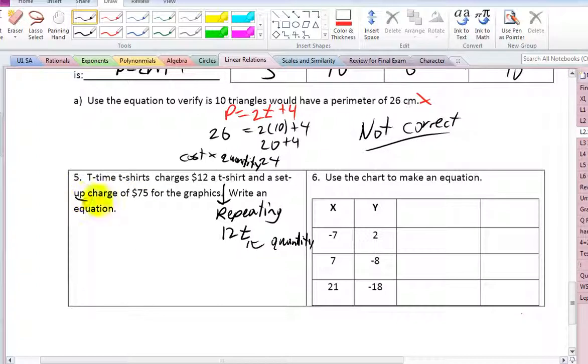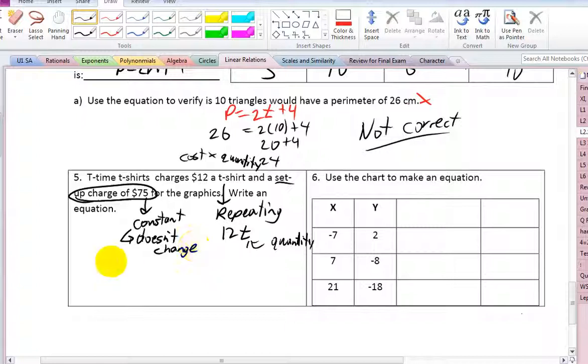But there's a setup charge of $75. Okay? This is your constant. It doesn't change. If he doesn't buy any t-shirts, how much does he have to pay? $75, because he had their graphic designers make something.